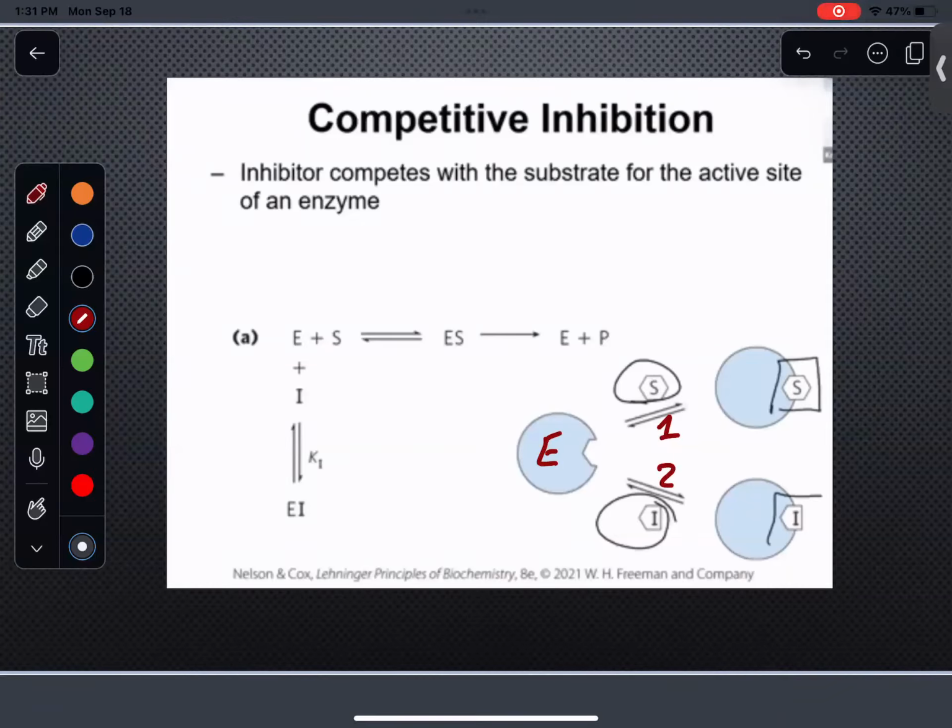Now, just because you put an inhibitor in there doesn't mean that suddenly it's all going to go route 2. No, because the inhibitor will take up certain parts and the substrate will take up other parts.